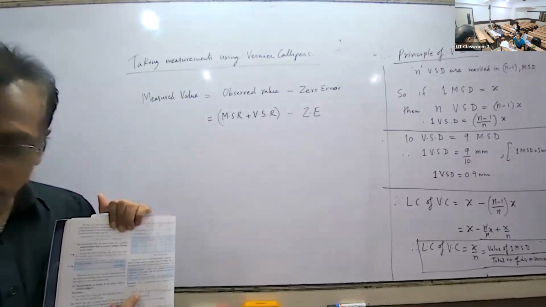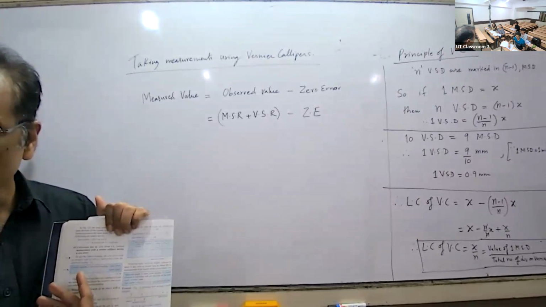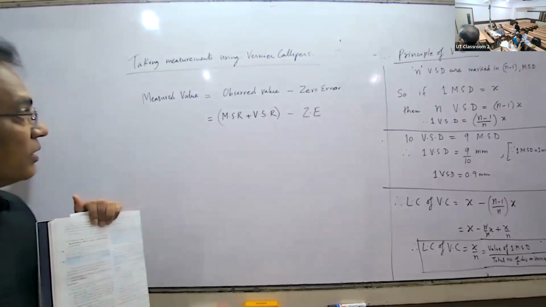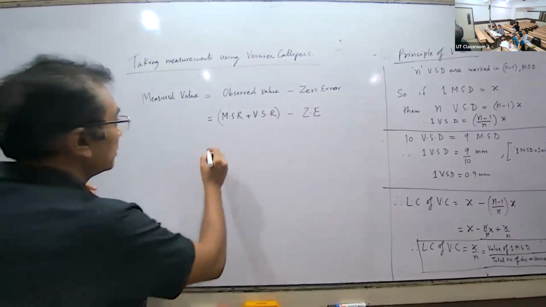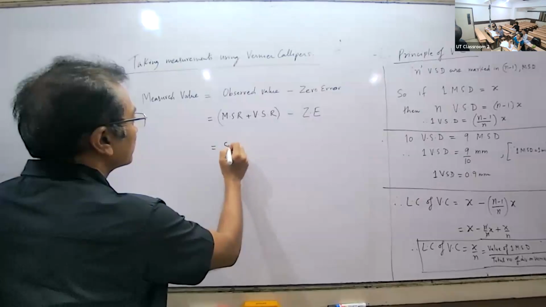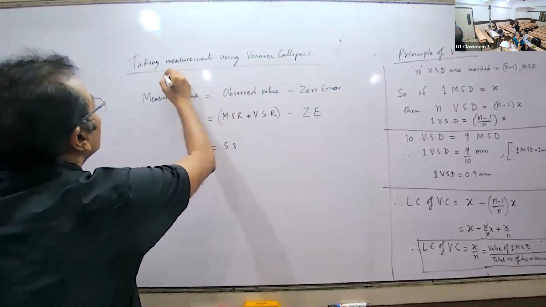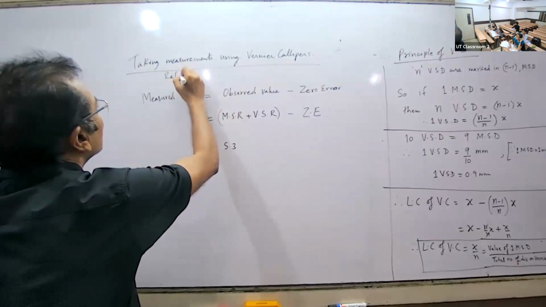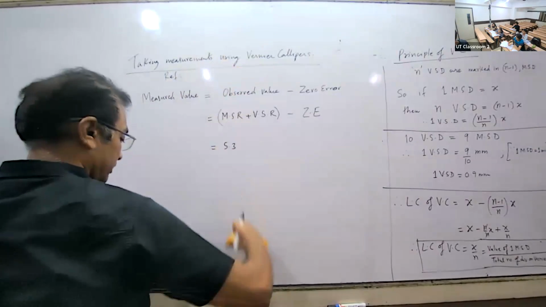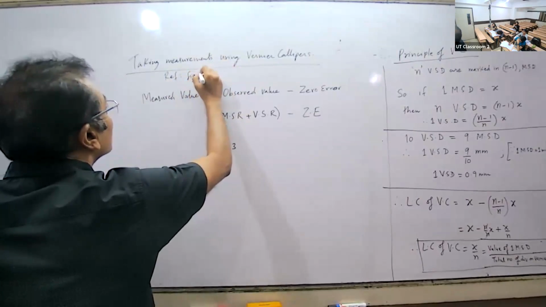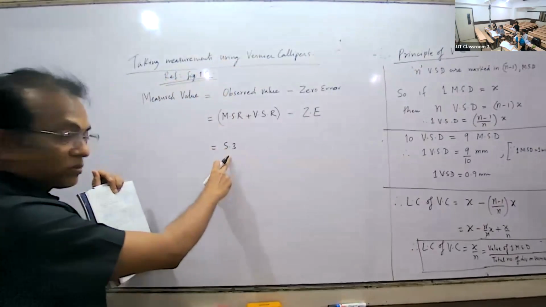Wherever the zero of the vernier scale is, all the reading before that zero is the main scale reading. MSR is main scale reading. For this example, it is 5.3.